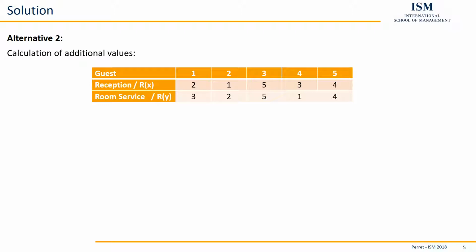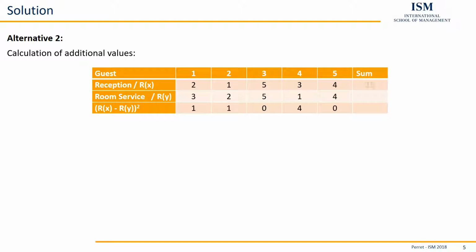What are we going to do in this case? We add only one additional row. There we calculate the difference between the two ranks and square the difference. So here we go, 2 minus 3 to the power of 2 is 1, 1 minus 2 squared, 5 minus 5 squared, 3 minus 1 squared, and 4 minus 4 squared.